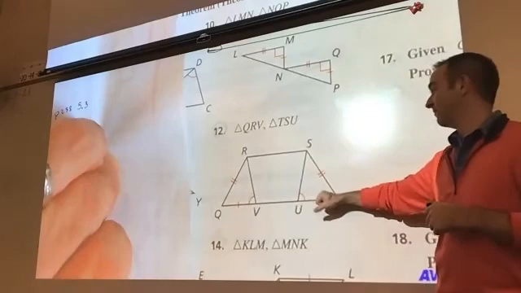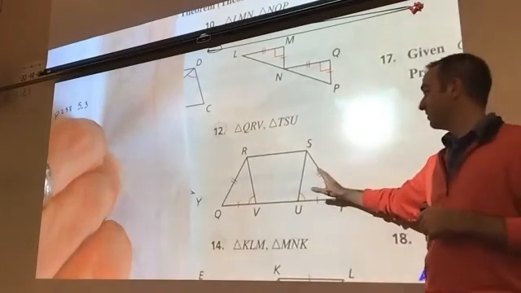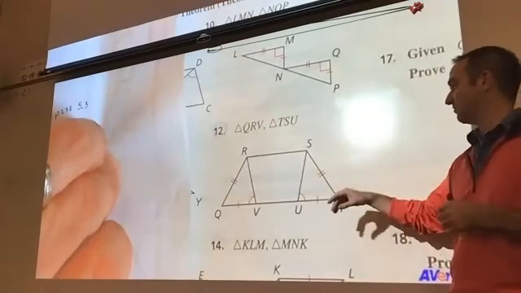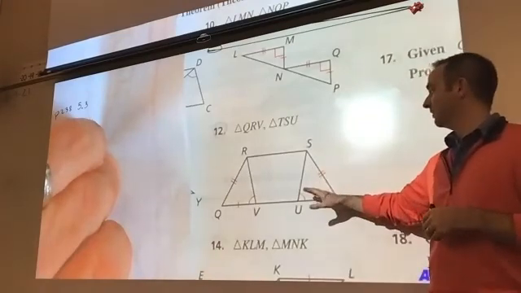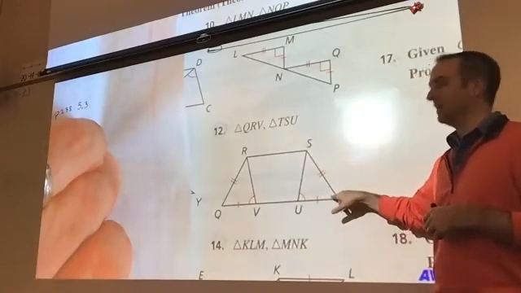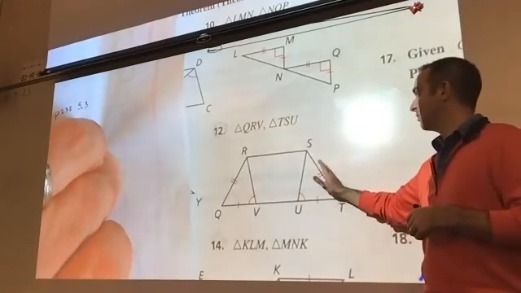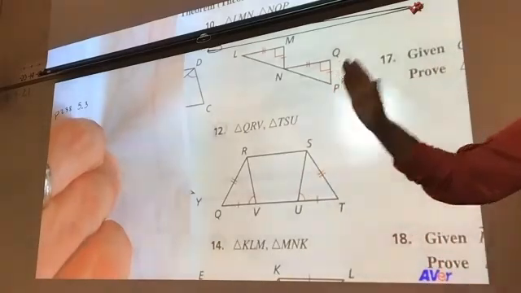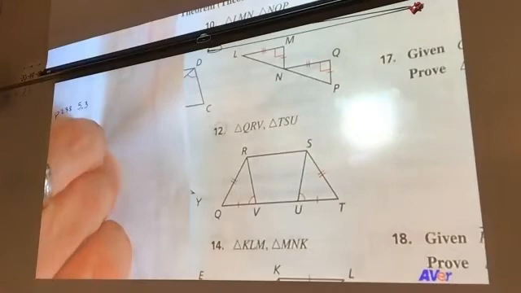This is not enough information, and later on in the chapter I'll show you a demonstration of why this doesn't work for side-side-angle. There's nothing guaranteeing that this angle is set, so we can move it closer or further away. It's not going to lock us into one. So it has to be that included angle, otherwise it's not going to work. Okay. All right.